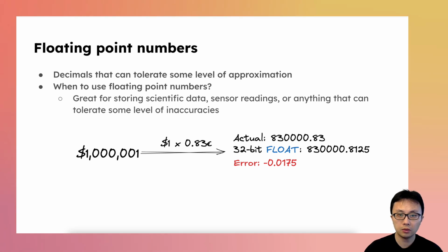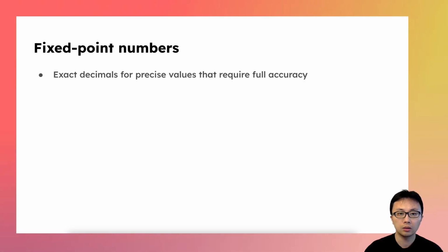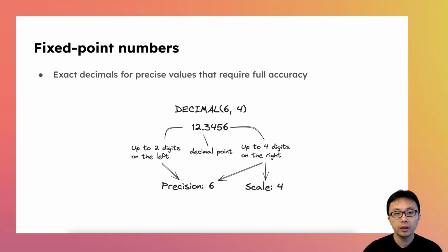Such a job is for a different data type, known as fixed point numbers. In short, fixed point numbers are exact decimals for precise values that require full accuracy. Remember the terms precision and scale? They are used to define fixed point number data types. The example that you see here on the screen, decimal 6, 4, defines the data type for an attribute.